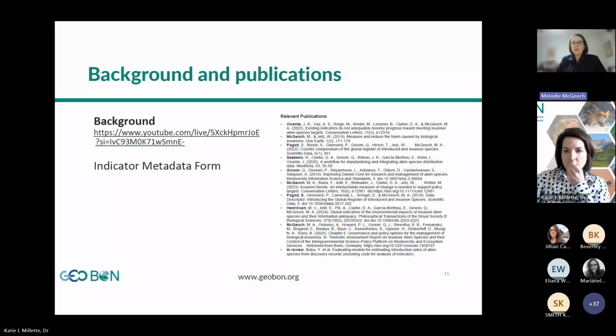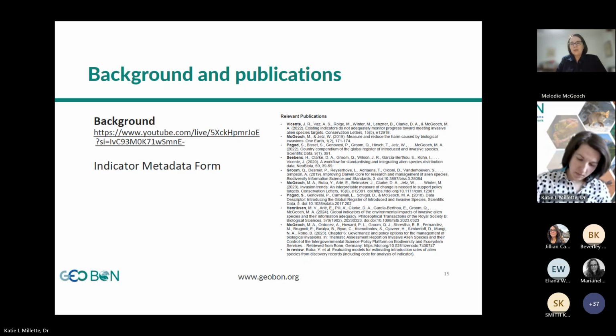And so most data available for estimating rates comes from established species data. So numbers of new invasive alien species in a country is usually, in reality, numbers of new established invasive alien species in a country, or numbers of new established alien species in a country. So that's about the data.